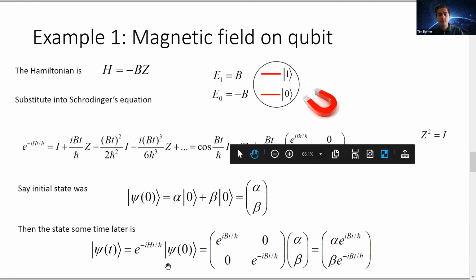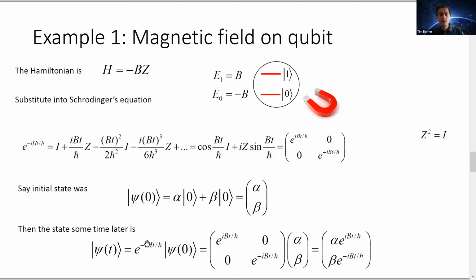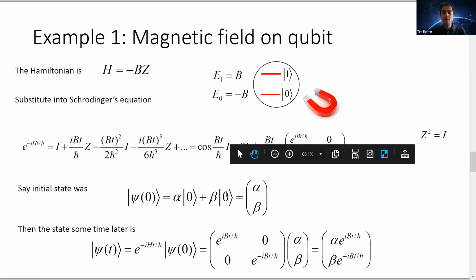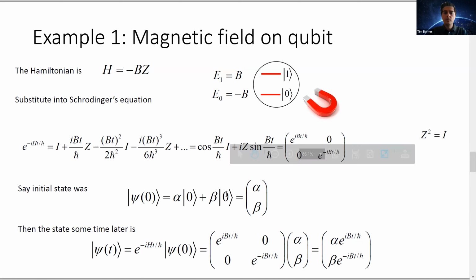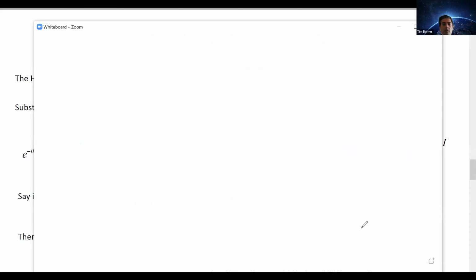So what we're going to have to do is work out what this quantity here is, perform this matrix exponentiation, and apply it to here. I've got the answer here, but let me go through it on the whiteboard so that you can see it step by step. Okay.